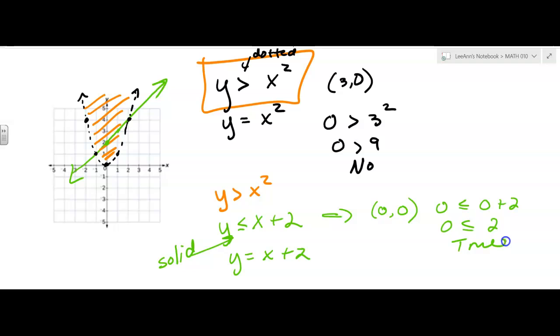That's true, so everything below this line works. Now look for where the orange part is shaded and the green part is shaded. It's a little section, maybe like a triangle teardrop type thing. I'm trying not to get too close to the edge because it was a dotted line. That's how you would graph a system that had a parabola and a line. We have an example in the next video.